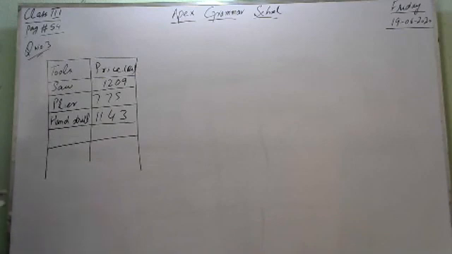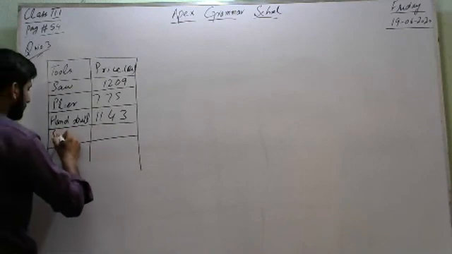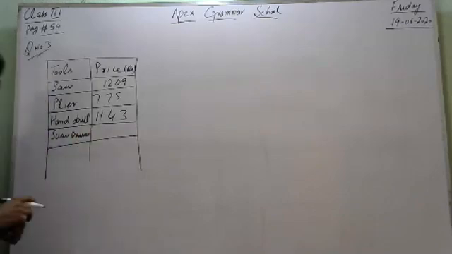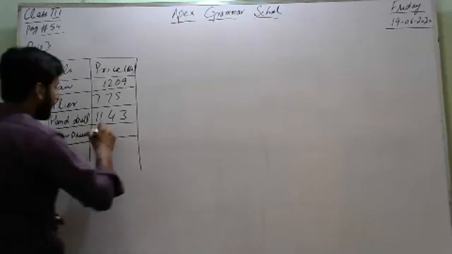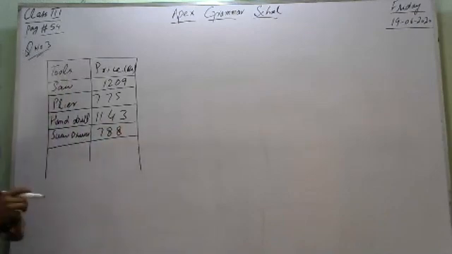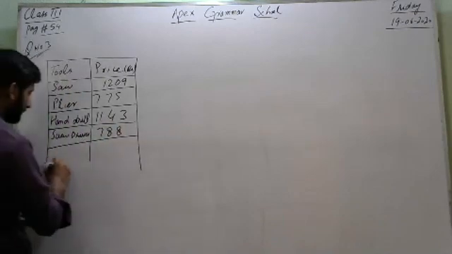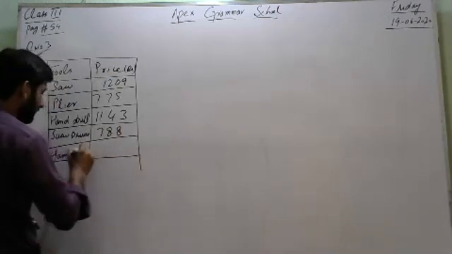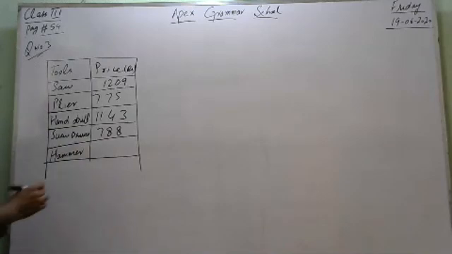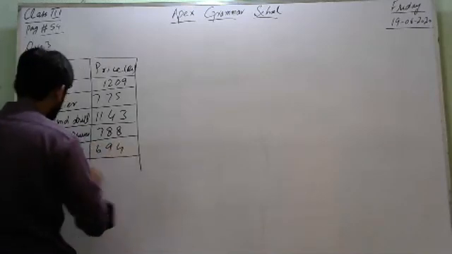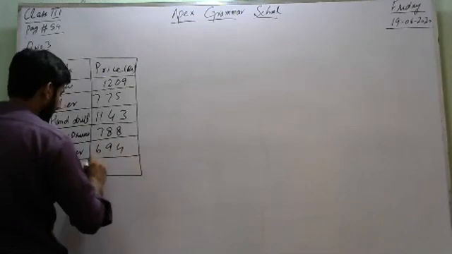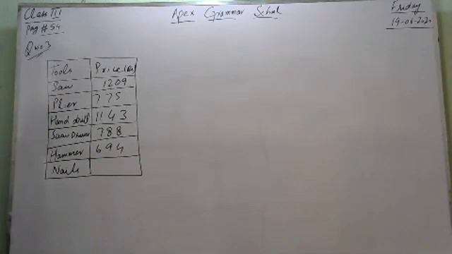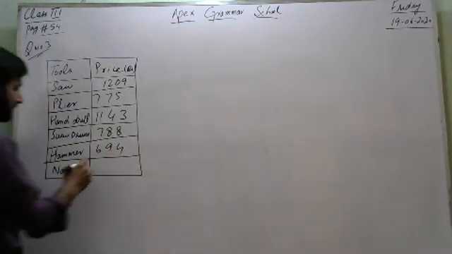Then screwdriver, with price of 788. Then hammer, with price 694. Last one is nails. Their price is 560.